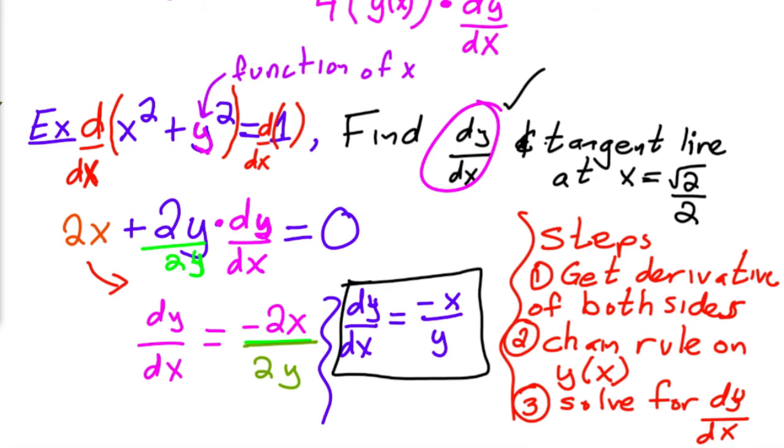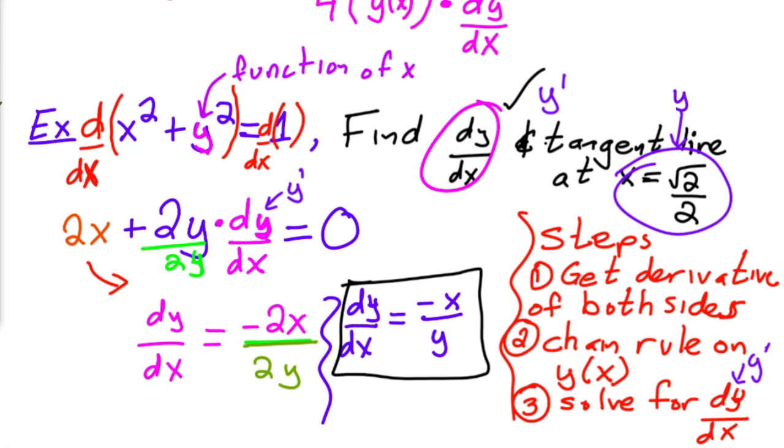It's also commonly referred to as y prime, so sometimes you'll see this as y prime instead of dy over dx. I like using dy over dx because it's clear that you're getting the derivative of y with respect to x, because there could be other variables around.